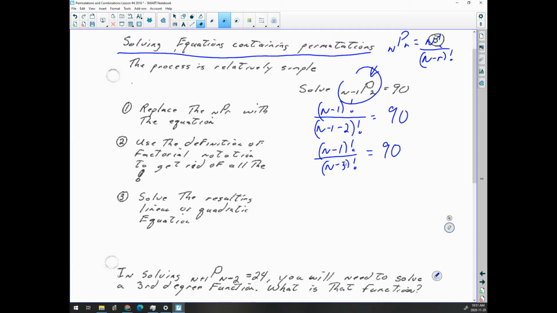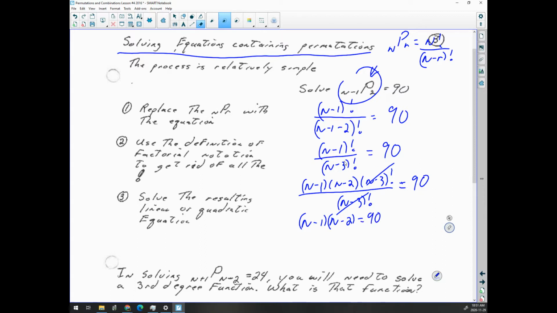Take the largest one, expand it. And I can see that those are going to cross off, leaving us with n minus 1 times n minus 2 is equal to 90.